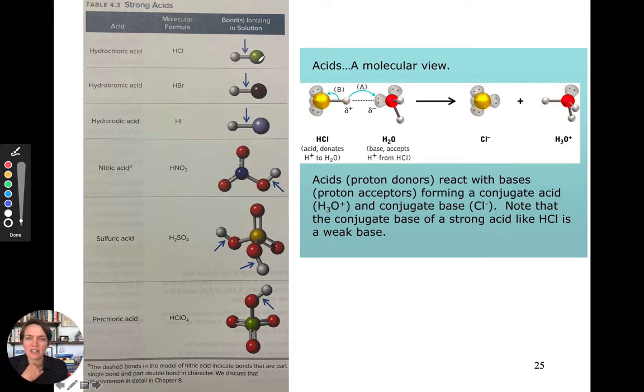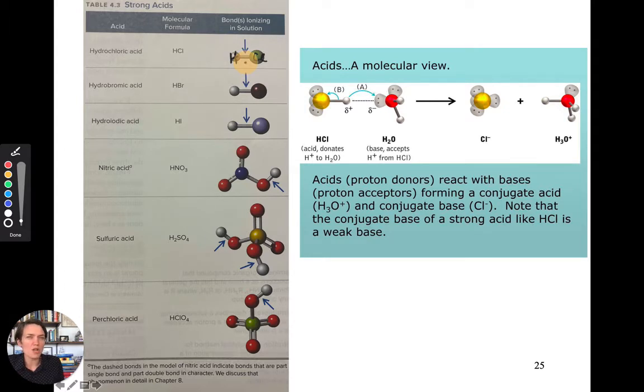This is just from another textbook that I really like to show you how these bonds break in order to form your acid in solution. So when we have HCl, the electrons that are held in this covalent bond, we have two non-metals bonded together, it's a covalent bond, but if you look at your periodic table, we know that chlorine is much more electronegative than hydrogen.